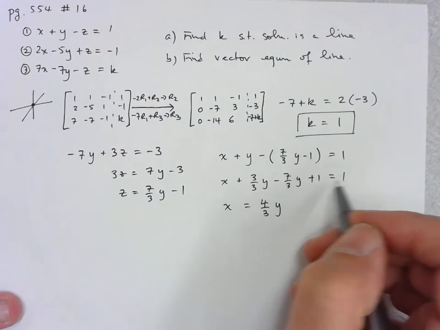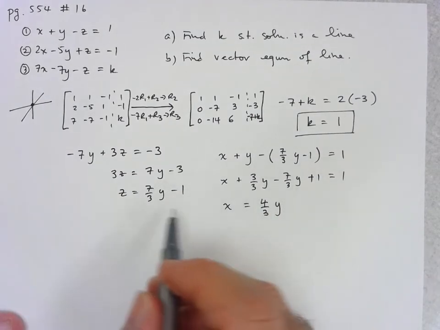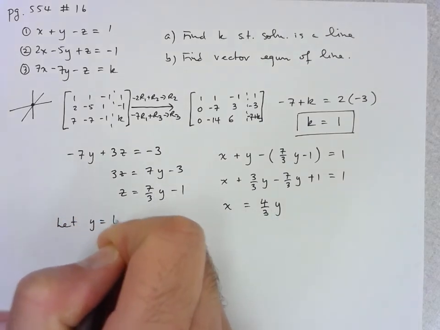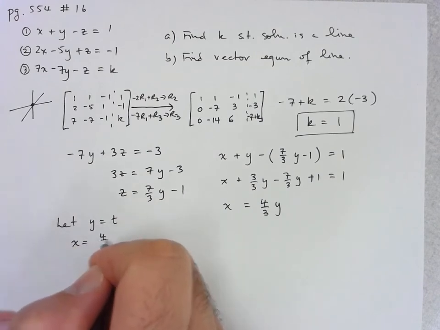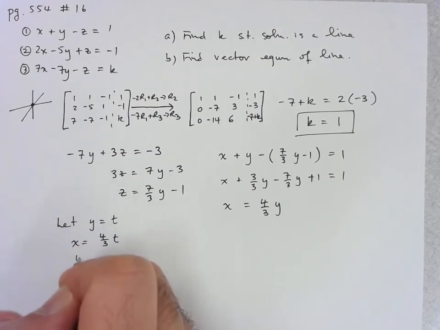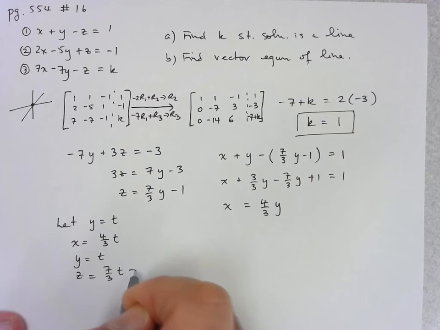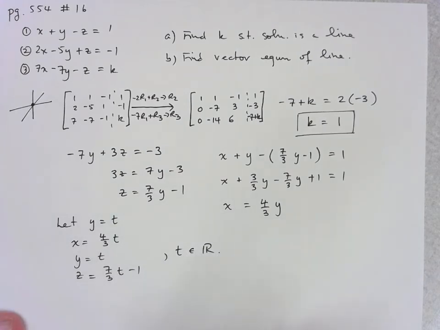And here, 1 minus 1 is 0. So that's it. Now we can write the equation of our line by setting y as the parameter. Let y equal t. So the equation is x is equal to 4/3 t, y is equal to t, and z is equal to 7/3 t minus 1. And of course t takes on all real values.